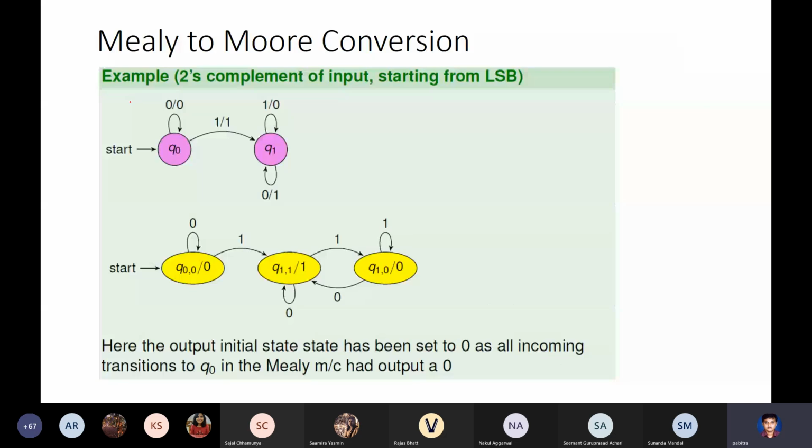Now let us look at the other way around. That means you have a Mealy machine and you have to convert it to a Moore machine.